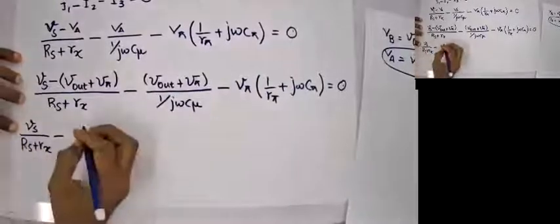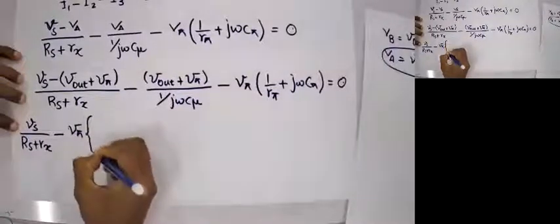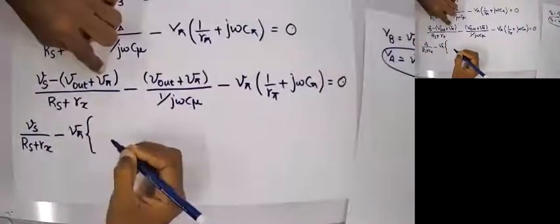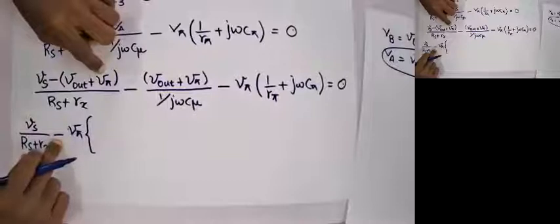So now we'll make it V pi into, right, here I have a V pi which is minus V pi, of course that can be directly taken as plus, right?